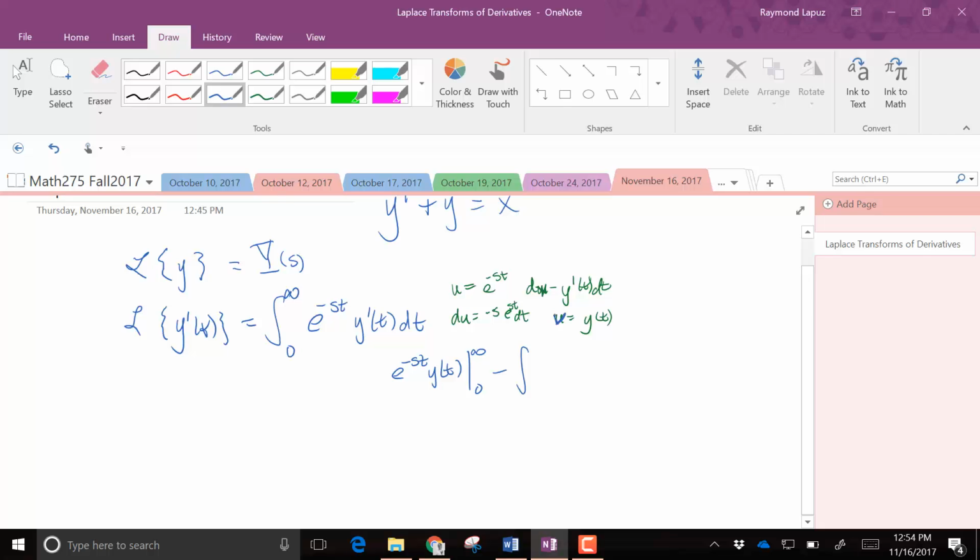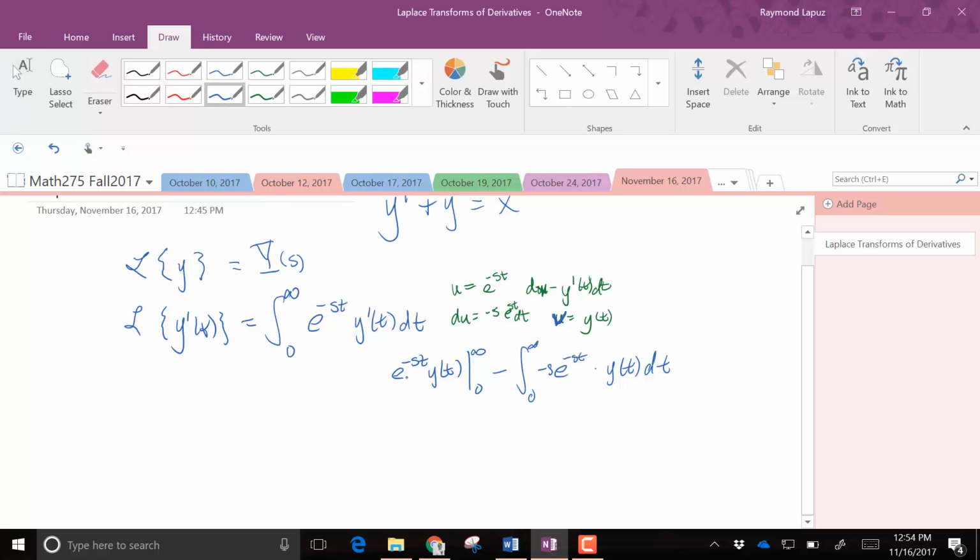Well, this is my boundary term, sorry. Minus s e to the minus st times y of t dt. All right. Is that right? Did I do that right? I hope so. Otherwise, we're going to get the wrong formula.